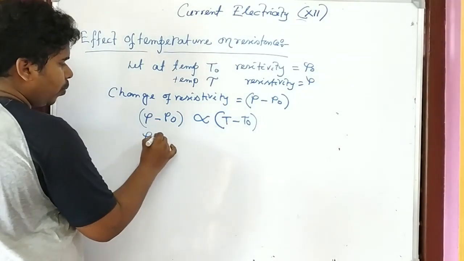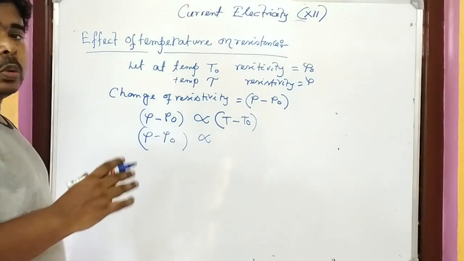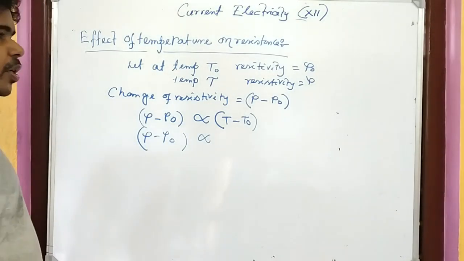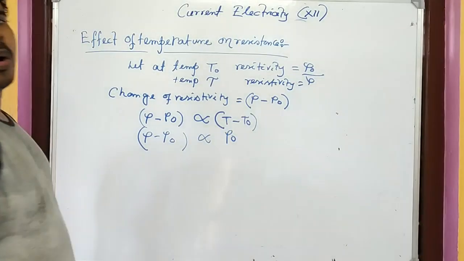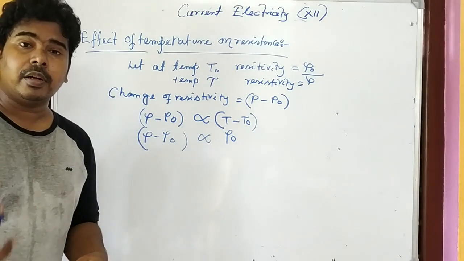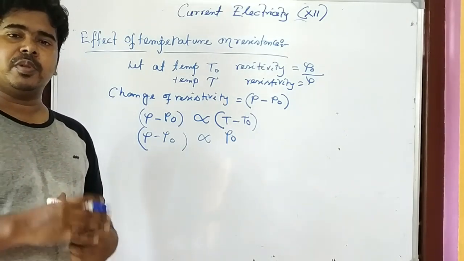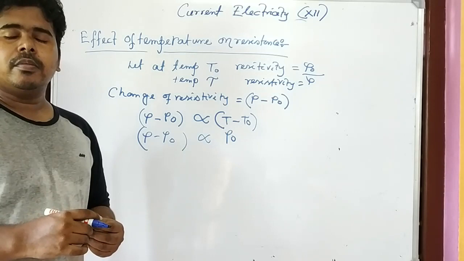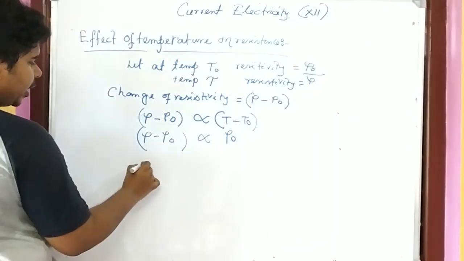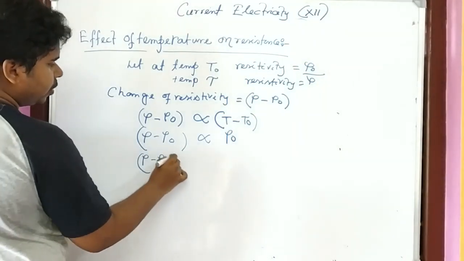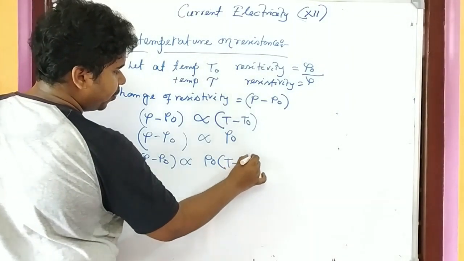Again, rho minus rho 0 is directly proportional to the initial resistivity. So the initial resistivity is rho 0. This is the law, just like the expansion of length and expansion of volume you learned in class 11. If I write it together, rho minus rho 0 is directly proportional to rho 0 into T minus T0.